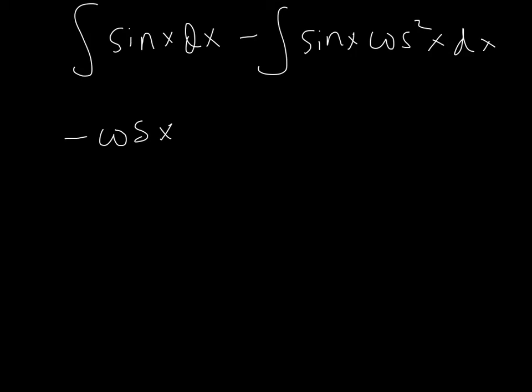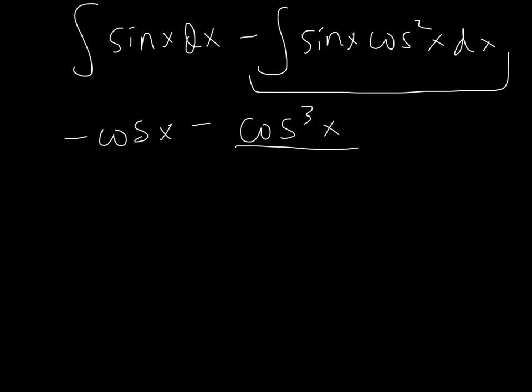And then there's a minus here. But this whole integral, ignoring this minus sign, simplified into positive 1/3 cosine cubed. So we're going to keep that minus sign there and do cosine cubed x over 3 plus c.